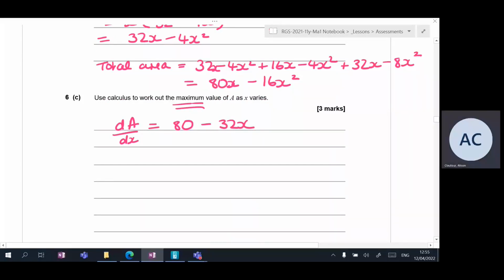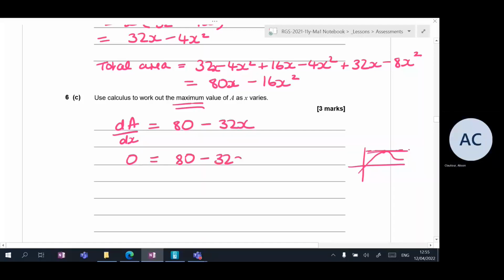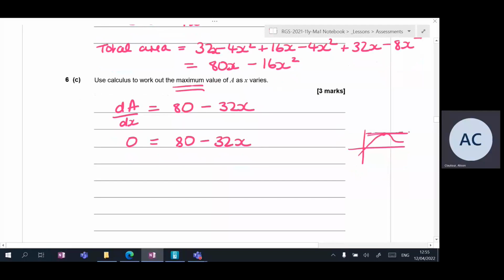And remember, we're looking for the maximum. So on a graph, if you drew a graph of this, who knows what it would look like. But the maximum point, if you drew a tangent, here's my tangent, is always where the gradient is 0. So you're solving that your differential equals 0.